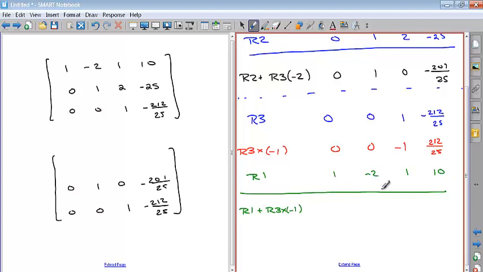So just add these vertically. I get 1, -2, 0, and 212 plus 10. Well, 10 is 250 25ths. So you take 250 plus 212, you get 462. 462 over 25.